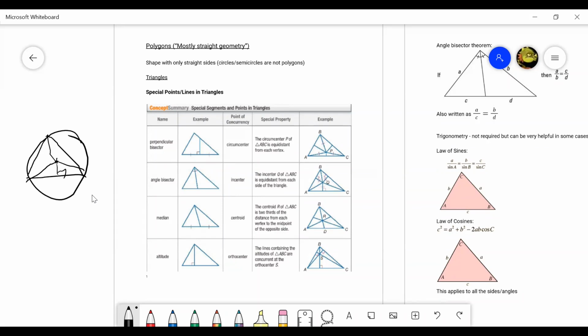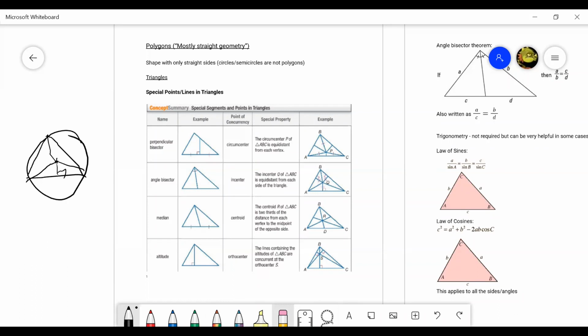So that means that this altitude from the center to a side length is also a perpendicular bisector of the side. So sometimes when you're constructing points or diagrams, just know that the intersection of perpendicular bisectors of a triangle is the circumcenter.